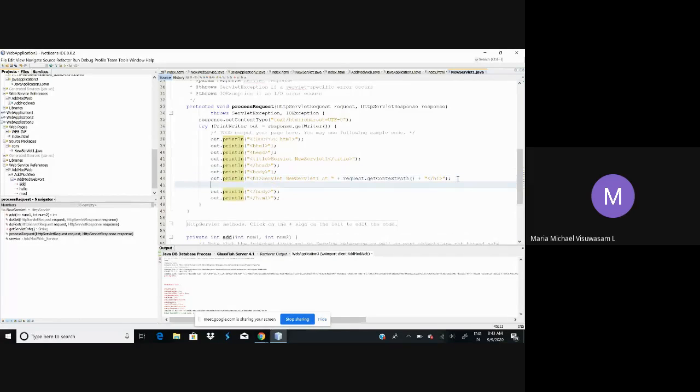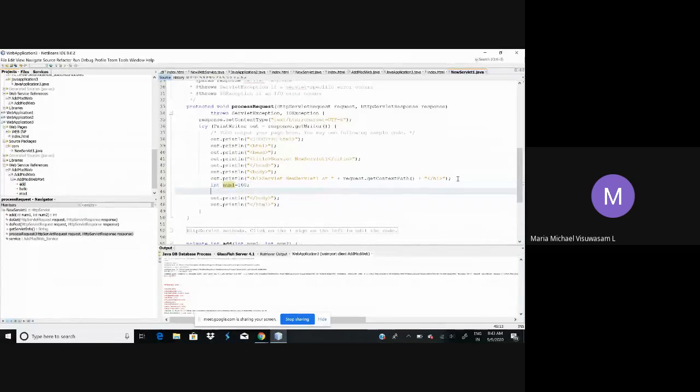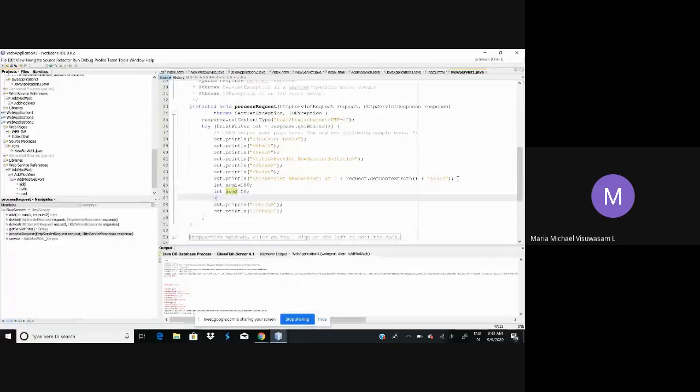inside the body section, I am just going to assign the values for the two variables num1 and num2. Why? Because these two values need to be passed to the add function, so we are doing it like this.